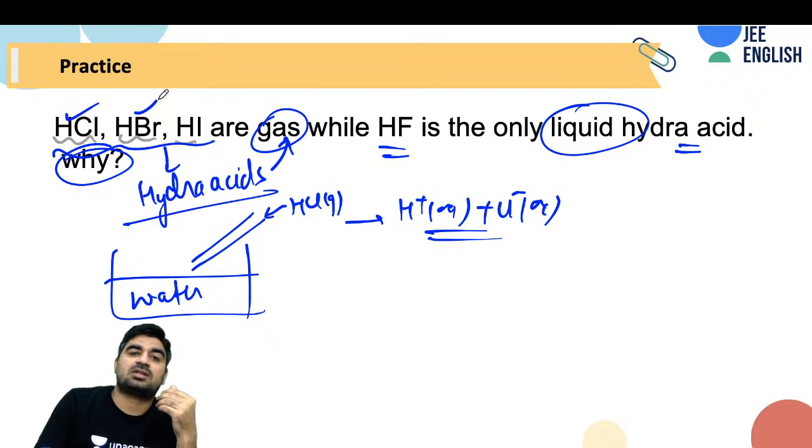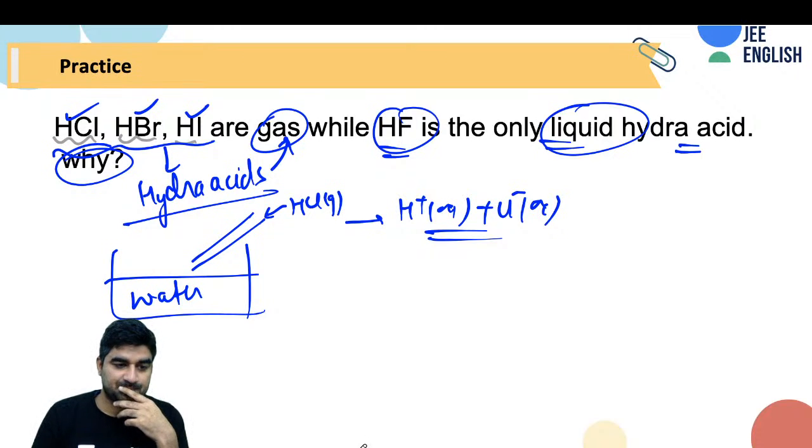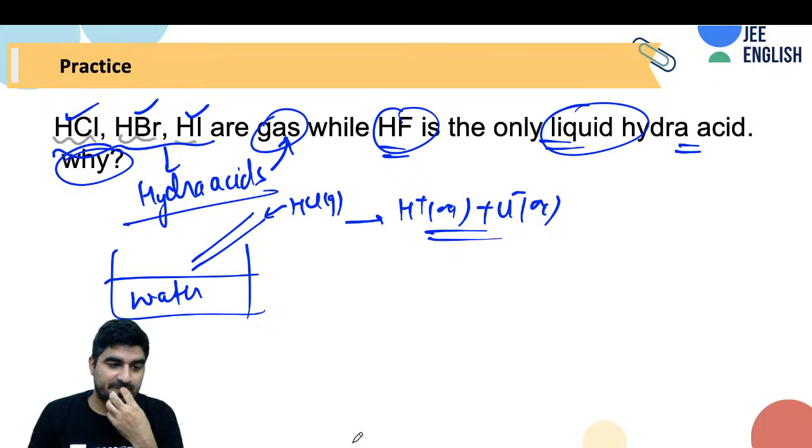So these are gases, but HF is liquid. Why? Can you tell me, guys? What is the reason behind it? Any reason, any logic?